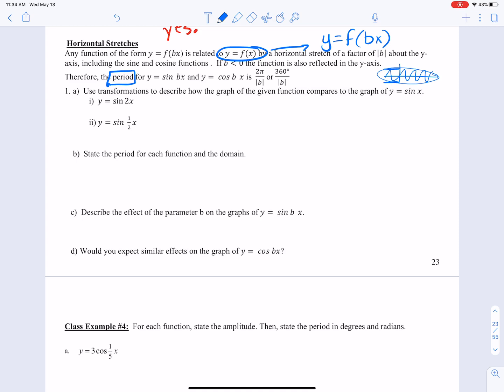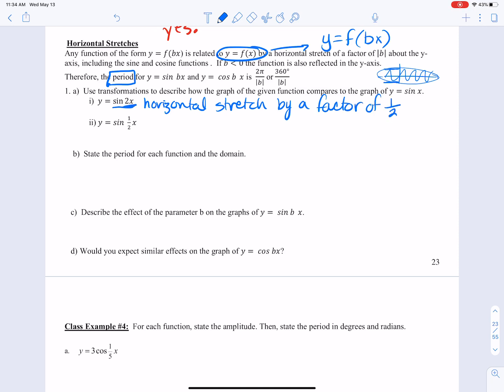So we talk about a stretch as being either pulling it out or pushing it toward the y-axis. So in this case, this is going to look like a horizontal stretch by a factor of 1 over 2.